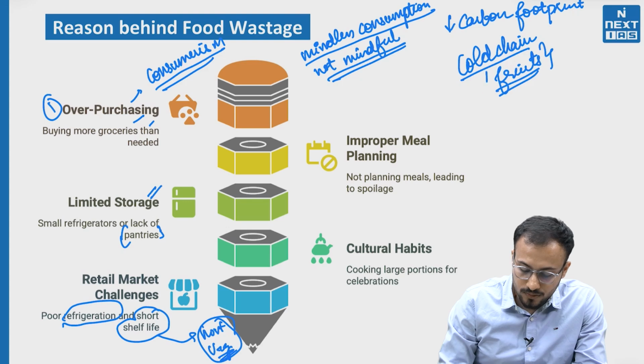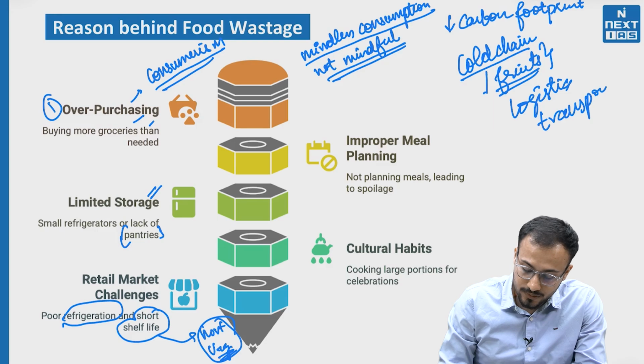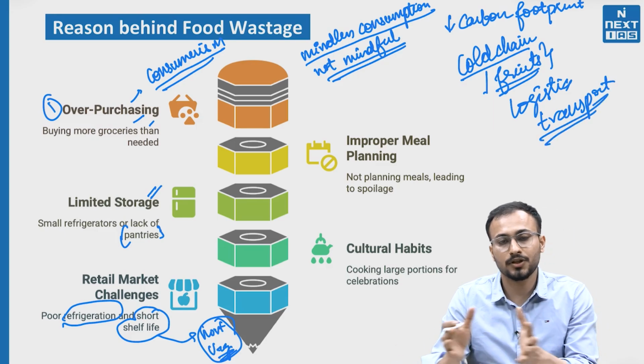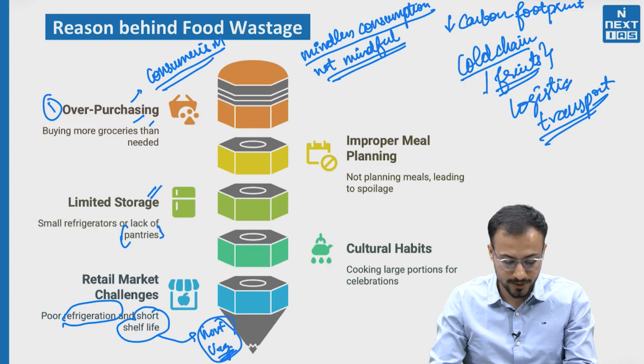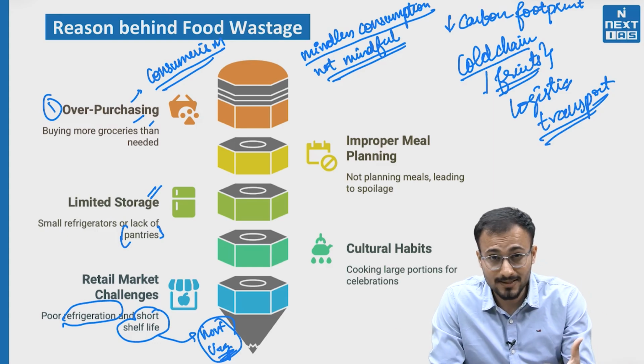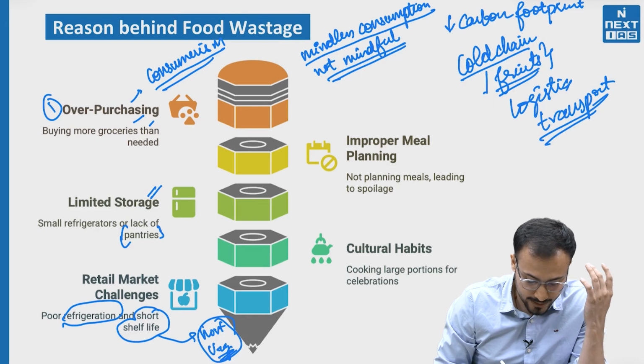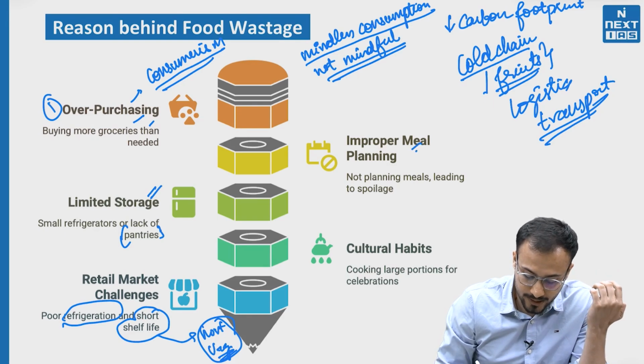So again, better logistics and efficient transport are needed so that produce is easily transported to consumers. The producers and the consumers should be linked very efficiently, so that the time consumed is less and spoilage is also less. Then improper meal planning, not planning meals, leads to spoilage.